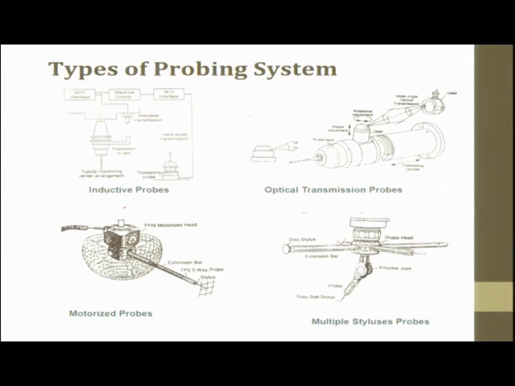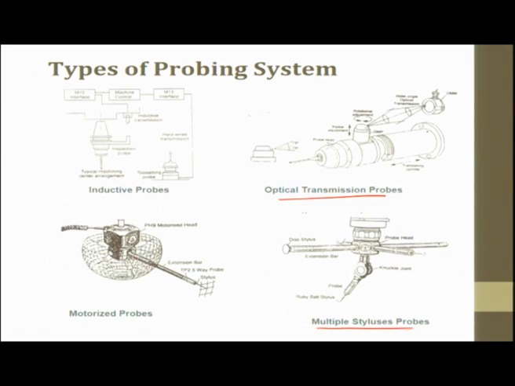Different types of probing systems are there. We have inductive probing system, we have machining center arrangement. Inductive transmission is the principle in using this probe. Then optical transmission probes are there, when optical transmission is the principle. Similarly we have motorized probes, in which we have motors, and the motors can rotate or move the probe.